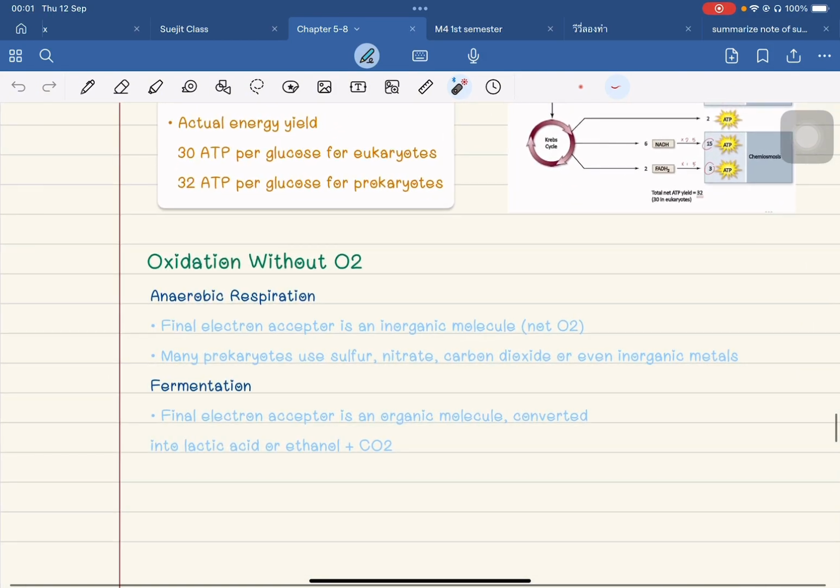Okay. Then we're gonna learn about the oxidation without oxygen. Without oxygen, two things can happen, which are anaerobic respiration and fermentation. In anaerobic respiration, the final electron acceptor is an inorganic molecule, not oxygen, and many prokaryotes use sulfur, nitrates, carbon dioxide, or even other inorganic materials.